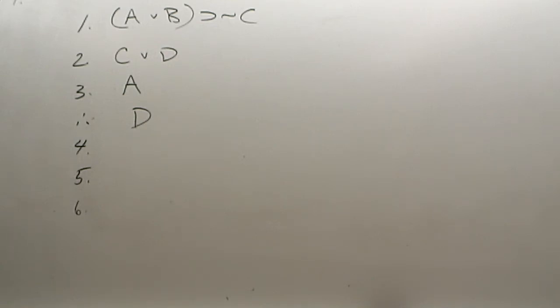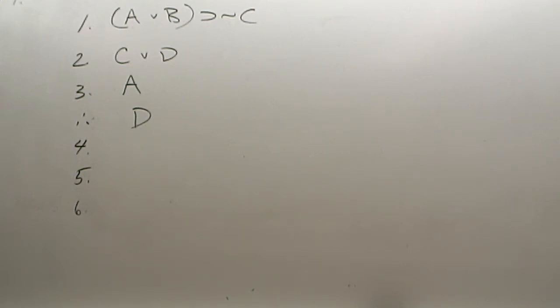How many people are done? Give them a minute or so. Did you hear our conversation? Because we just, in an odd way, described the proof. We're sending D home by disjunctive syllogism.